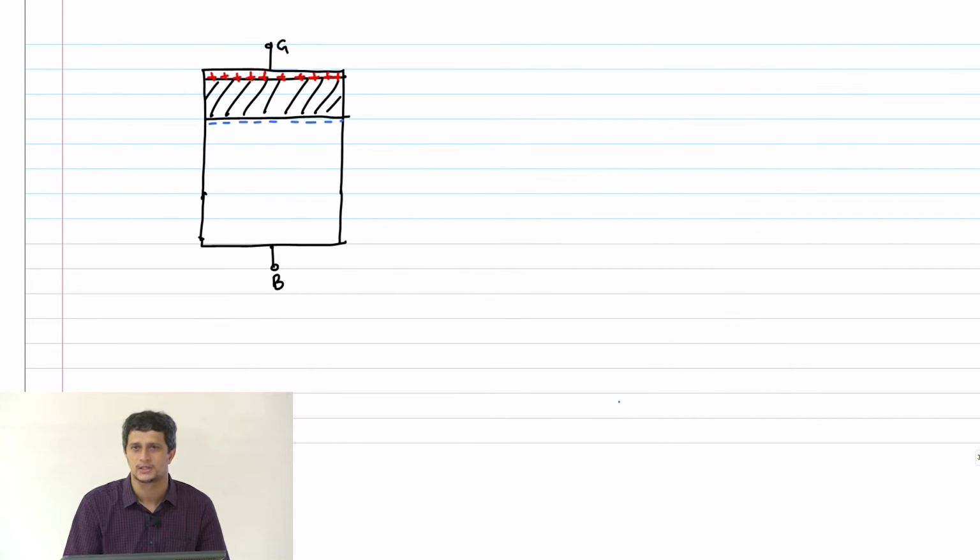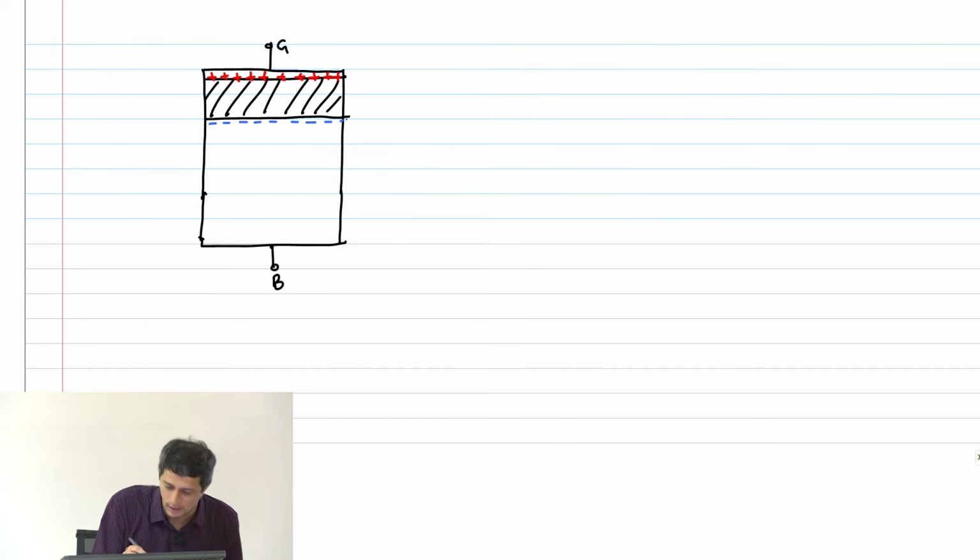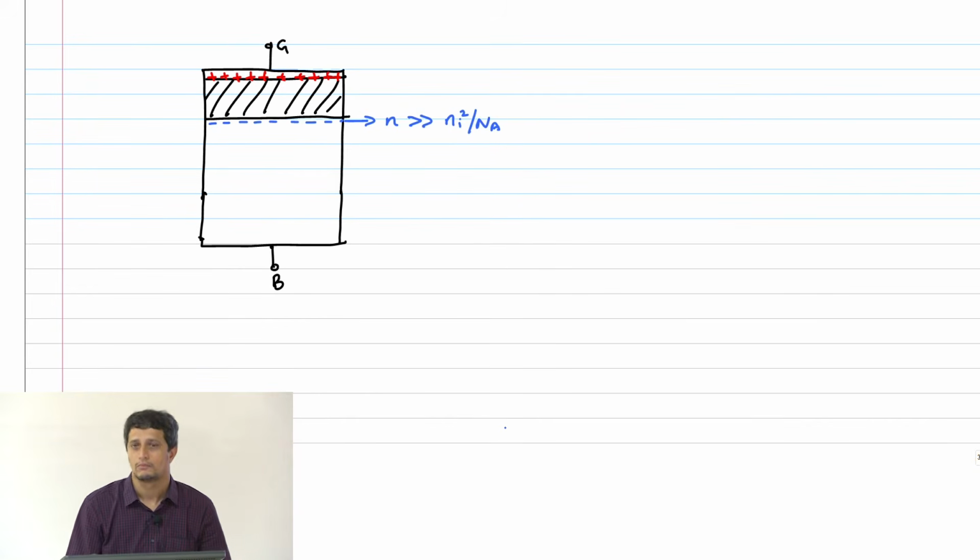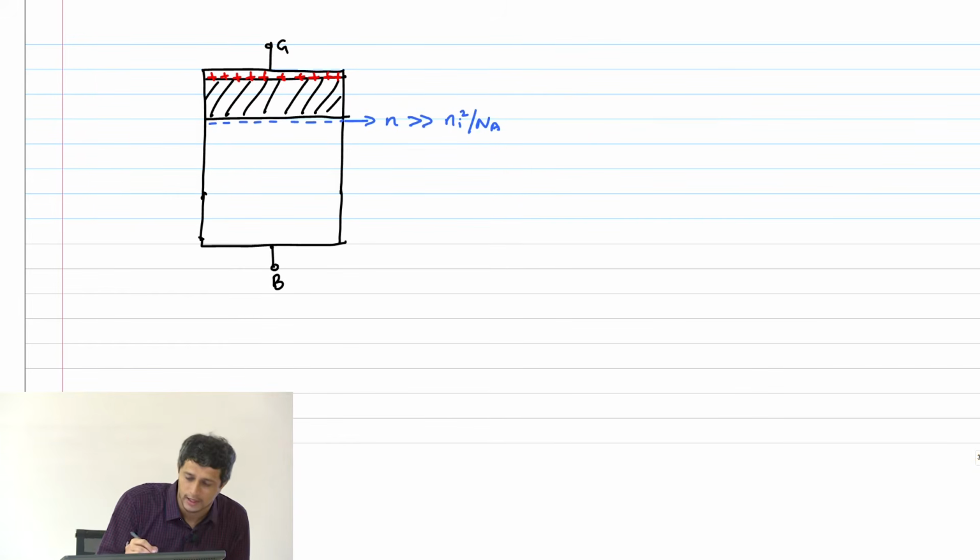Which means at the surface, I am going to have an electron concentration which is different from that of my bulk. So here, electron concentration will be greater than Ni squared by Na if VGB is greater than 0. Okay.